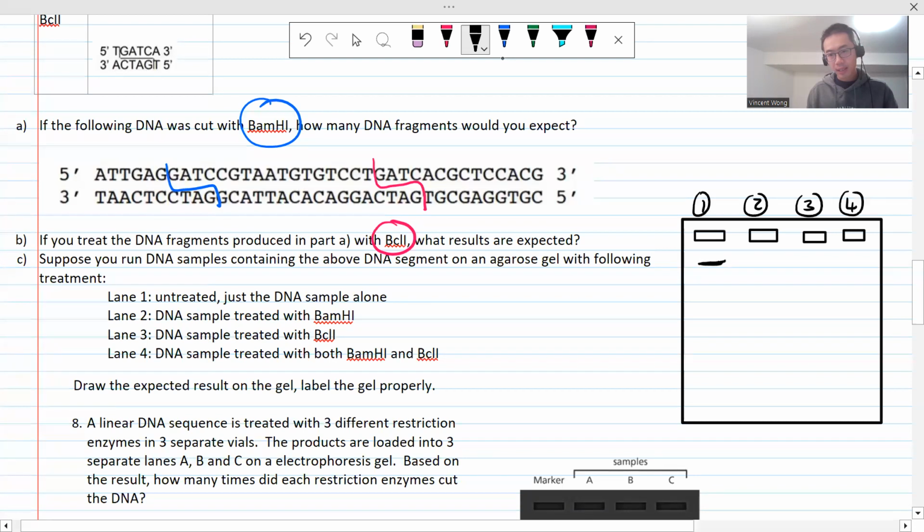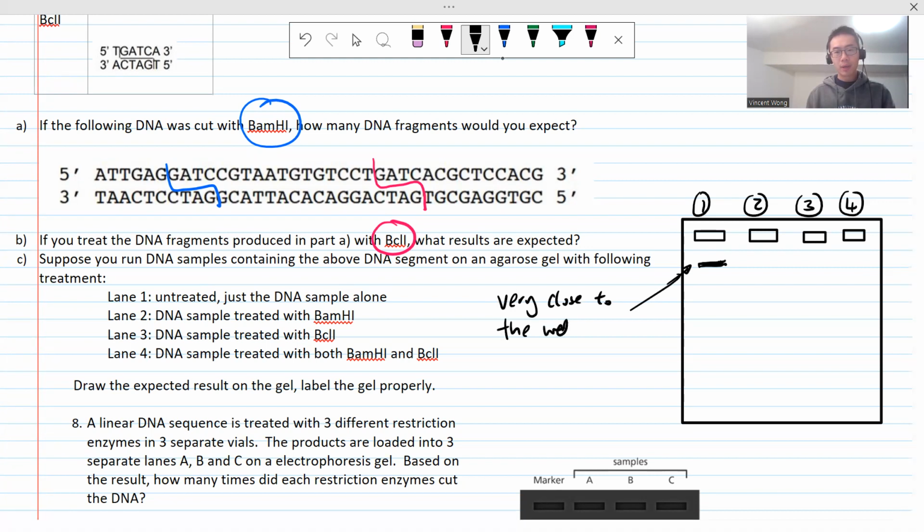Okay, the DNA is going to be right here, very close to the top. Okay, very close to the well. The well is where you load the sample because it is uncut. Right? It's very long still. It's not going to get very far. All right.